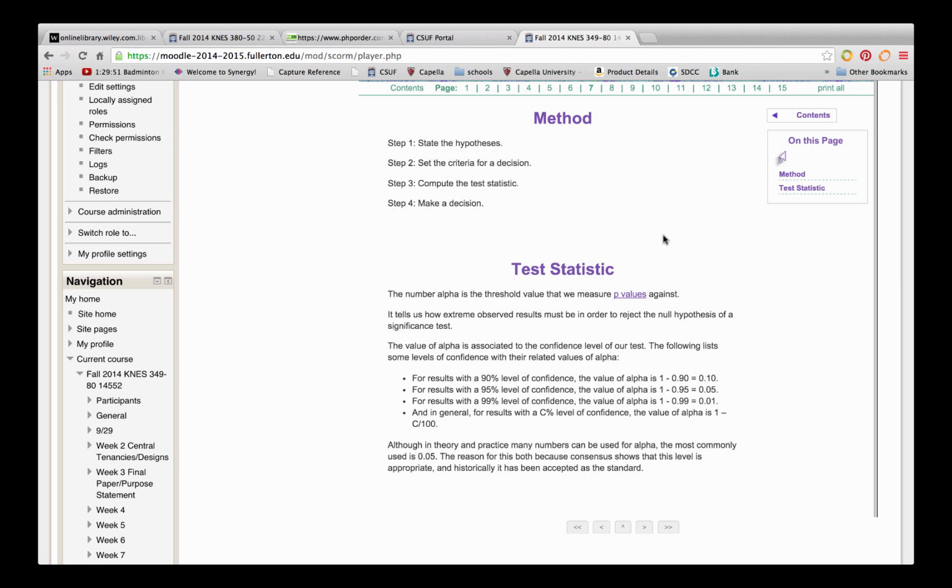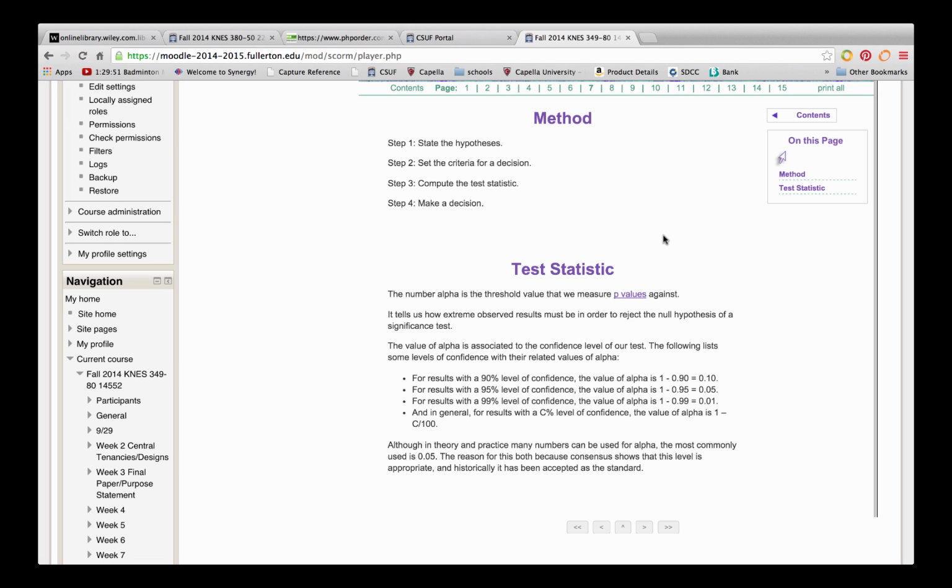The null would be that there is no difference in knee flexion by doing this modality, and the alternative would be that there would be differences in the effect on knee injuries when we are using this modality. We would then compute our data, and then make a decision whether we are going to accept the null or reject the null and accept the alternative.